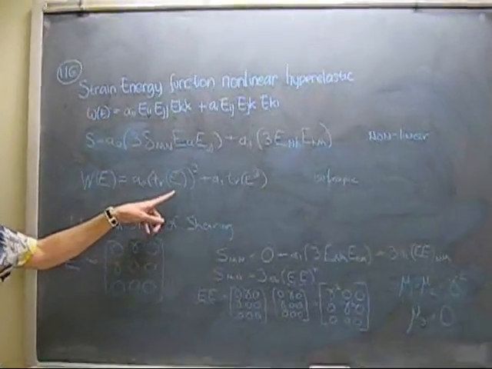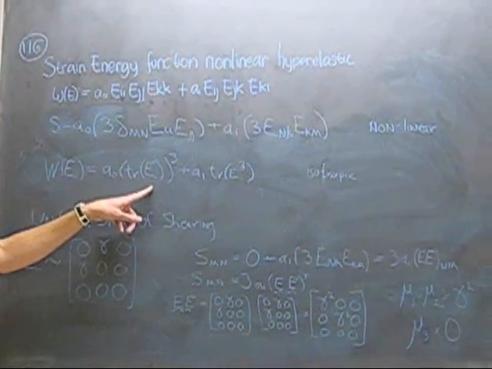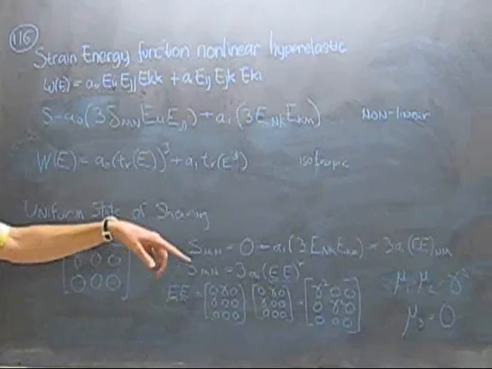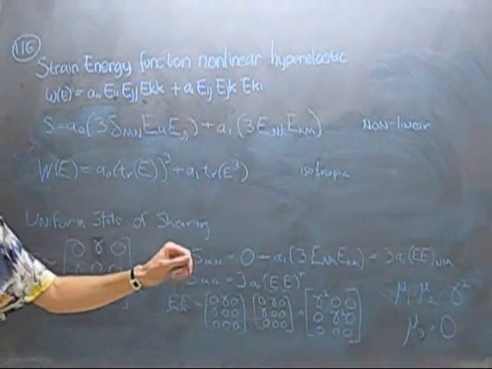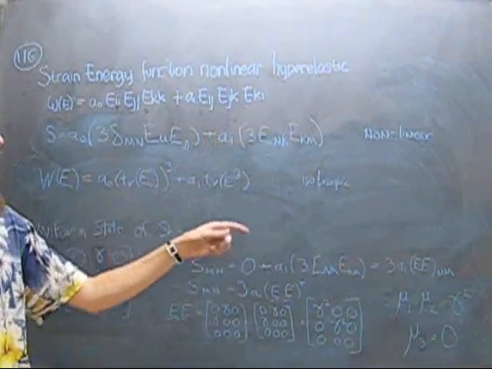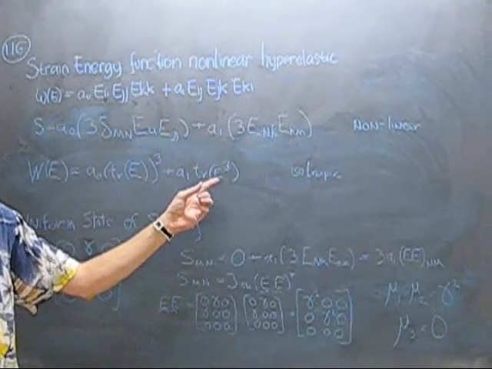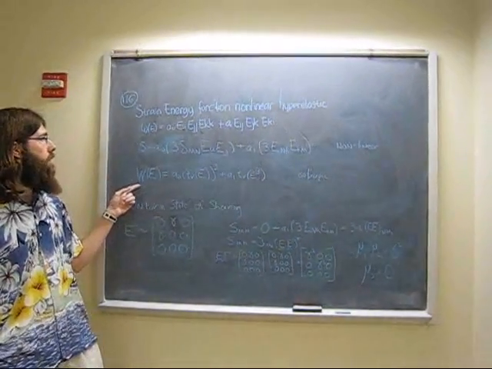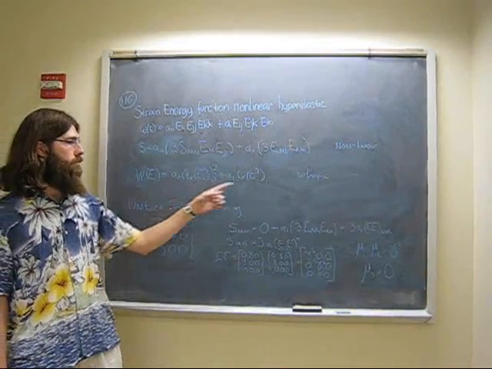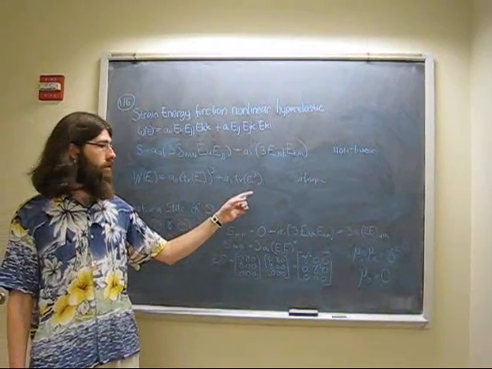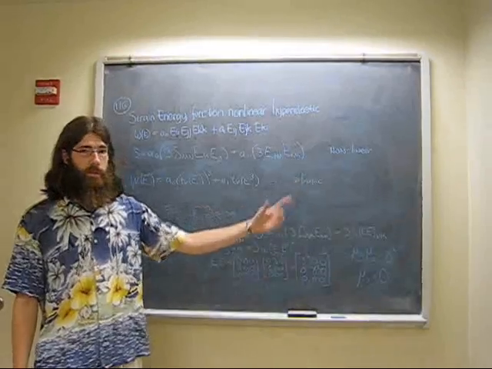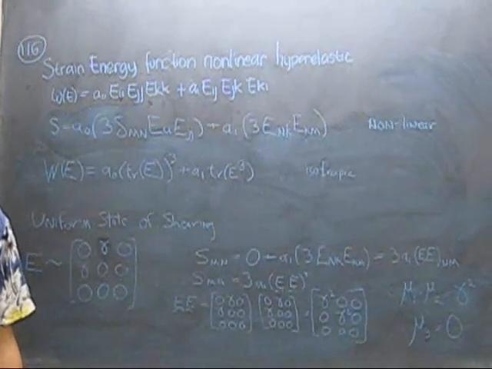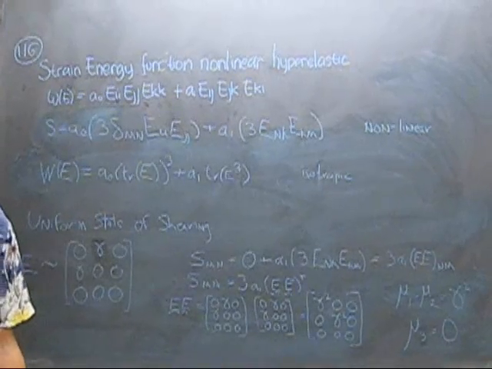E_II, E_JJ, E_KK can be written as the trace of E cubed, and E_IJ, E_JK, E_KI can be rewritten as the trace of our strain tensor cubed. So if our strain energy function is a function of the invariants of the strain tensor, then we know that our material is isotropic.